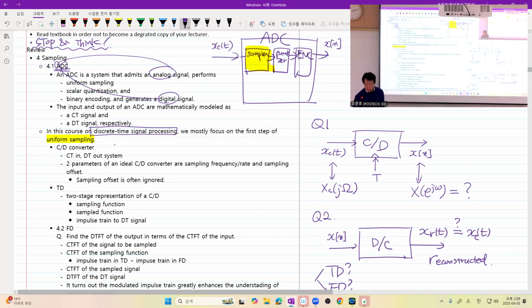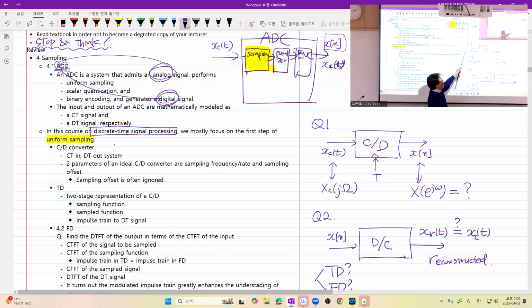By the way, the real world analog and digital signals may have different definitions, but in our mathematical modeling, this one actually could be something like this, right? Some continuous time signal but with a special property. As I told you, this encoder may generate some non-return to zero signal.